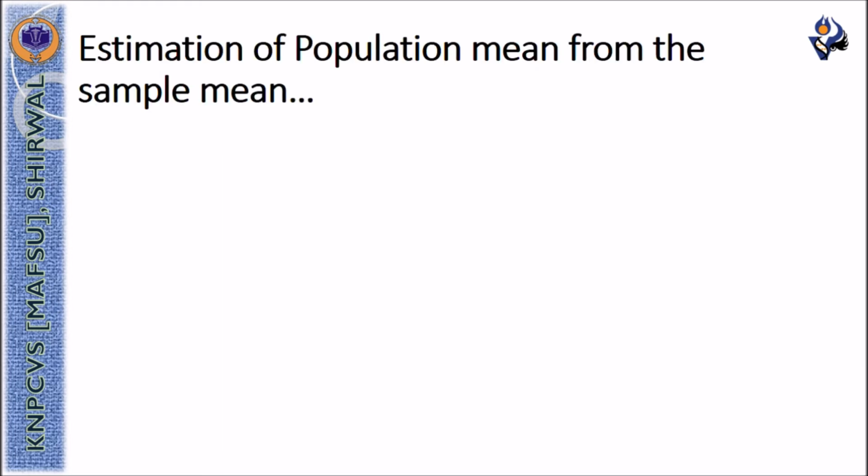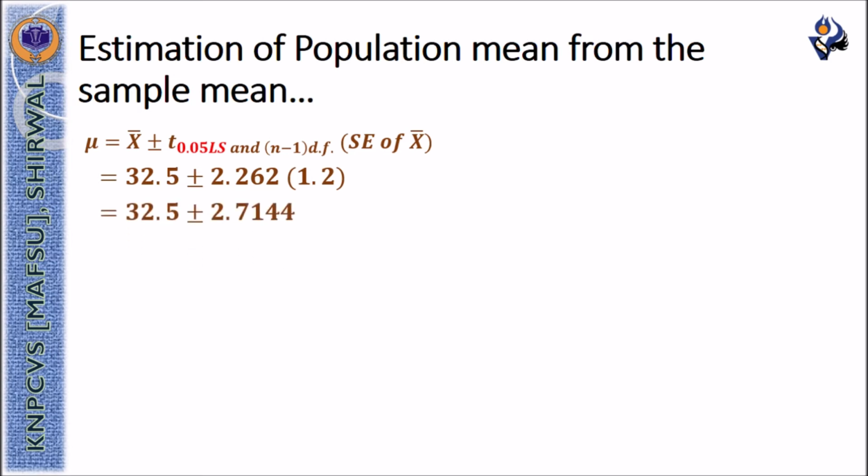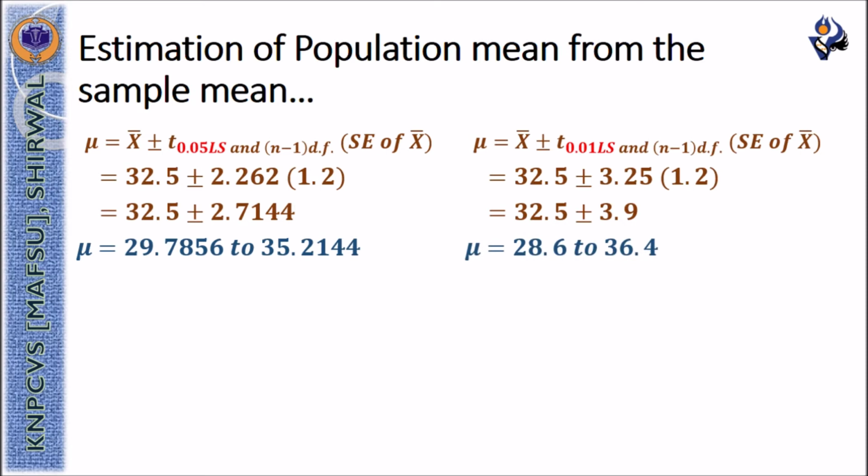Here is an example of estimation of population mean from the sample mean. When the population mean is estimated using the table t value at 5% level of significance, what we observe is that the population mean ranges between 29.7856 to 35.2144, whereas if we are using t-table value at 1% level of significance, what we observe is that the population mean ranges between 28.6 to 36.4.